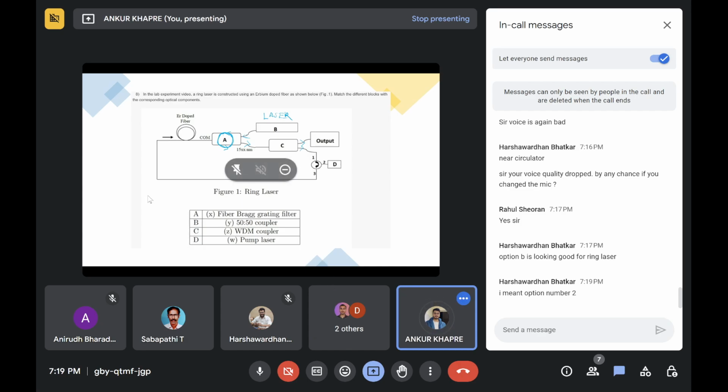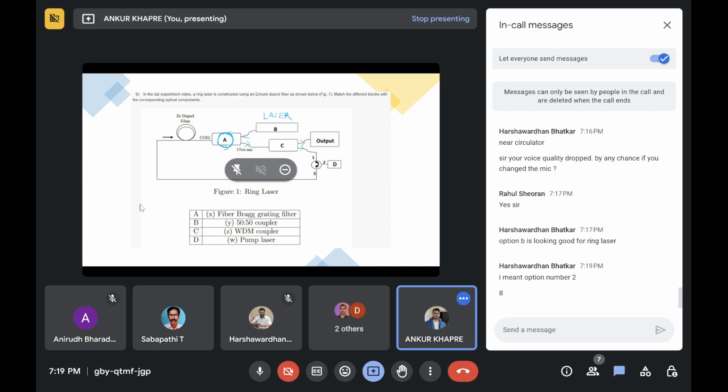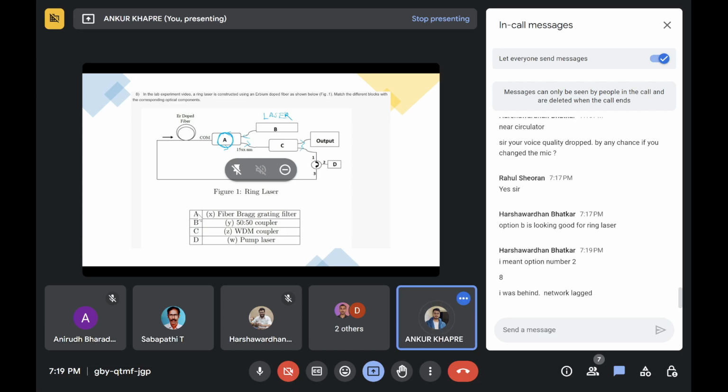Option 2. And the question number 9 you are talking or 8? Option 2. Here there is no such kind of option. See, A is there. Okay, okay, okay. So A is there. A is WDM coupler.